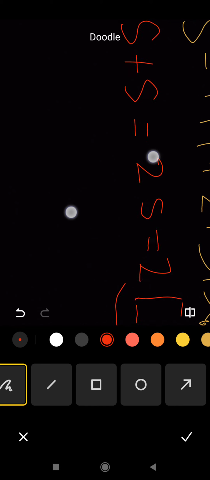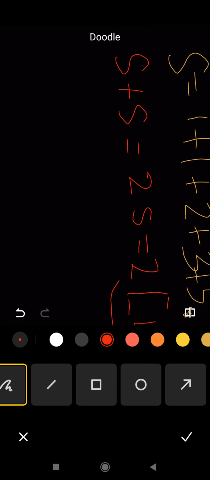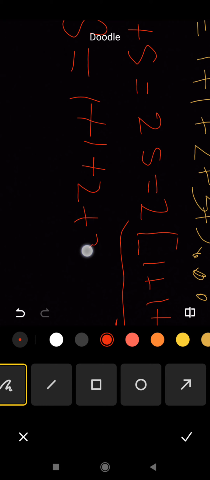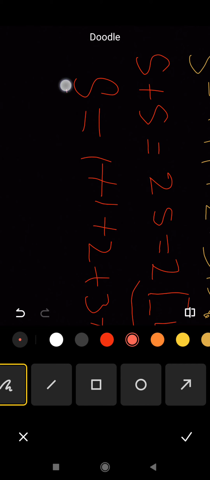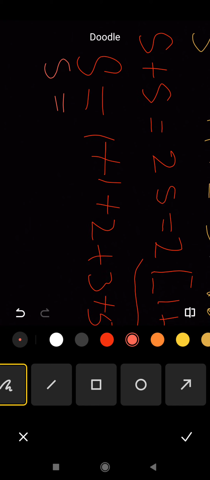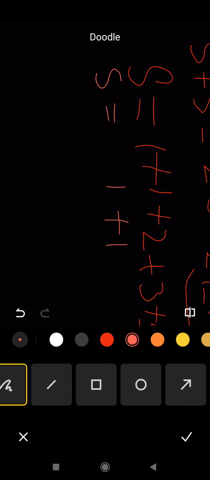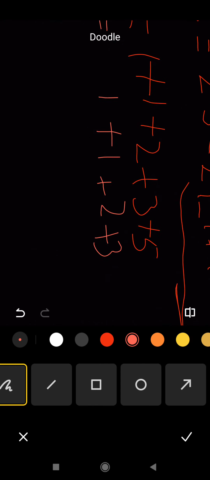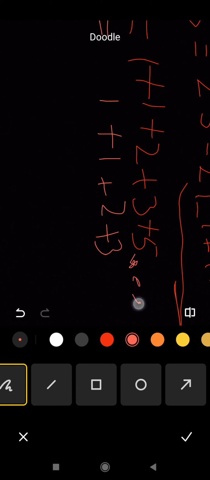Well, actually no. Let me write that for the third time: 1 plus 1 plus 2 plus 3 plus 5. Now we are going to add another S in a different way. What we are going to do is put 1 plus 1 plus 2 plus 2 plus 3 plus 5, oh, I forgot to put 'and so on'.